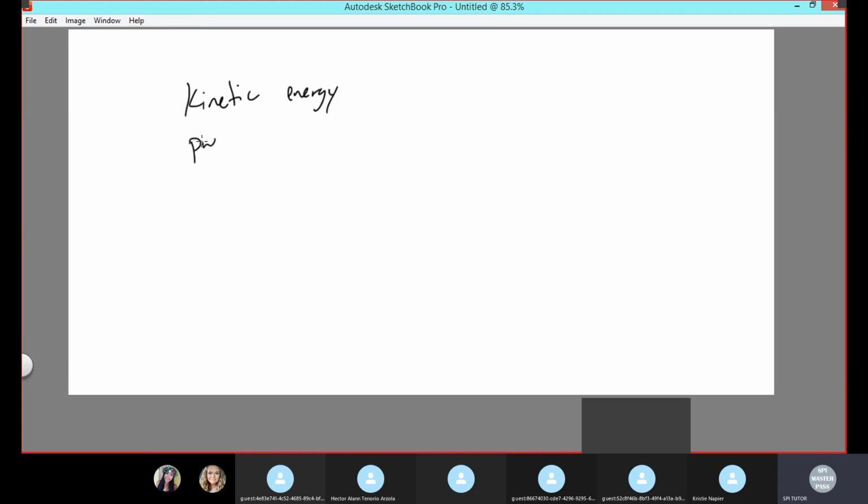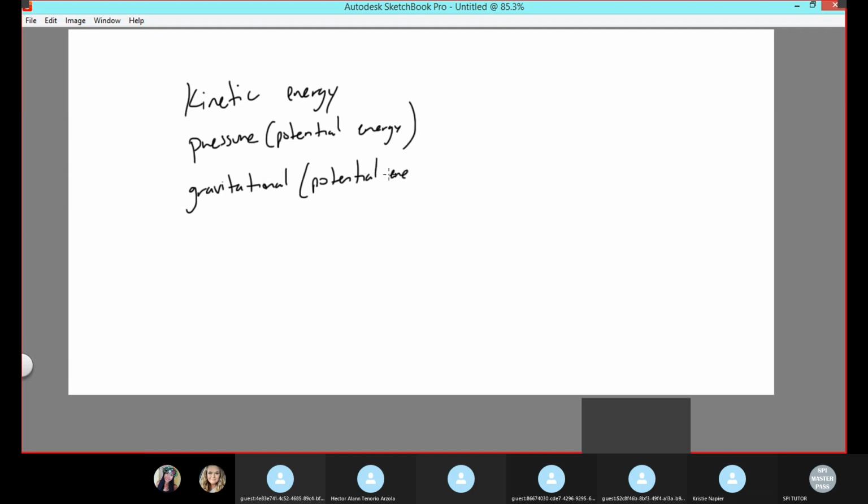So you have kinetic, you have pressure, which is potential energy, and then you have gravitational, which is also potential energy. So the biggest thing to know about these is that kinetic energy is movement, and these two guys are stationary.